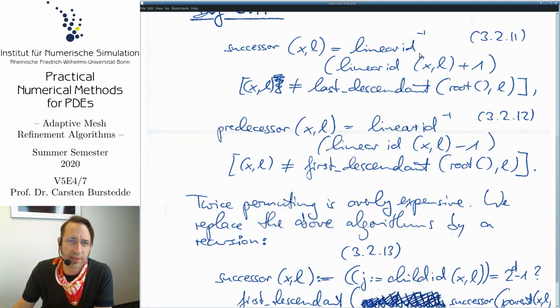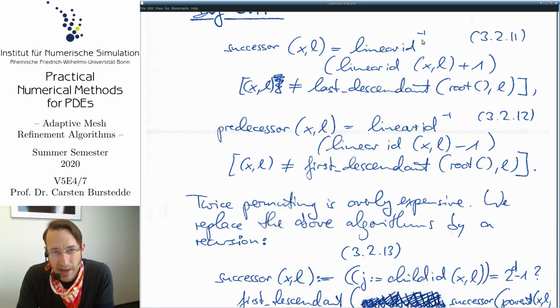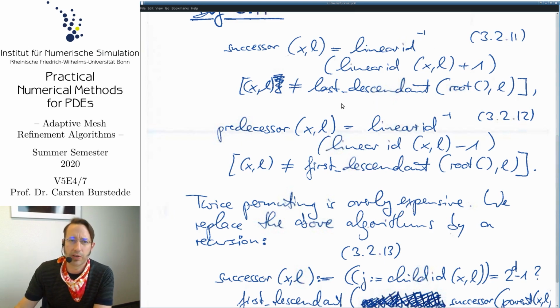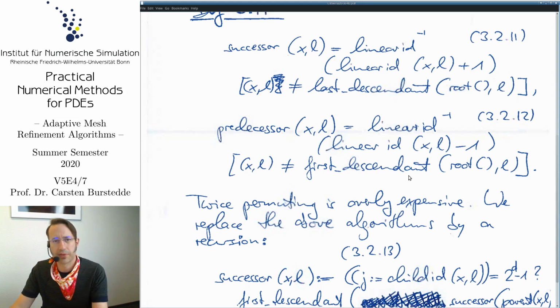So I should parameterize linear ID inverse really with L, otherwise this is not complete, very strictly speaking. This works as long as we're not the last element in the tree, the top right corner. The top right corner would be the last descendant of the root at that level. So as long as this is not equal to XL, we can call this function. Similarly, if XL is not the lower left corner, which would be the first descendant of the root, then we can just decrement the linear ID by 1.